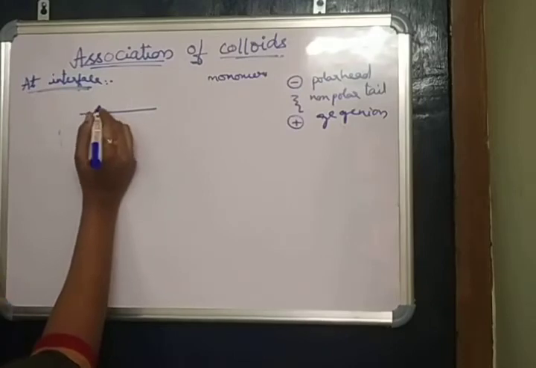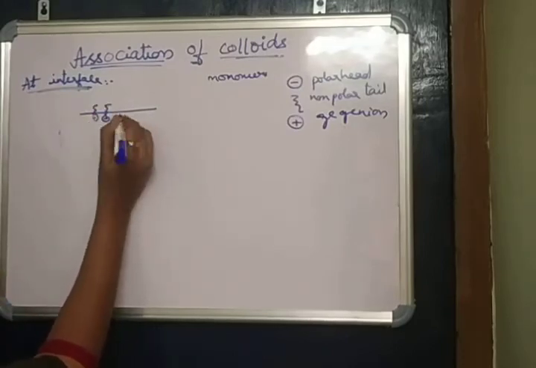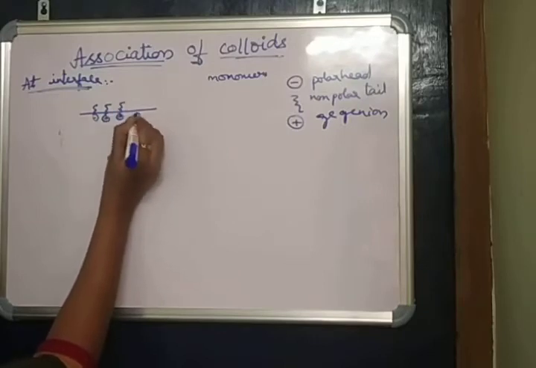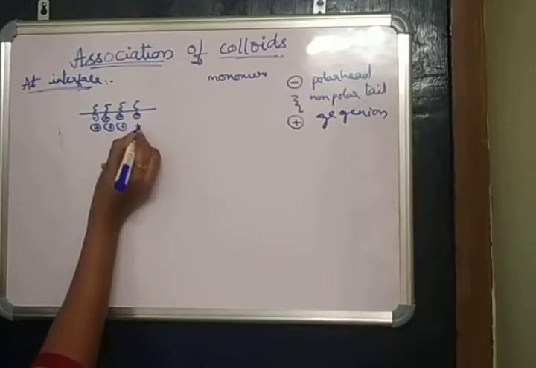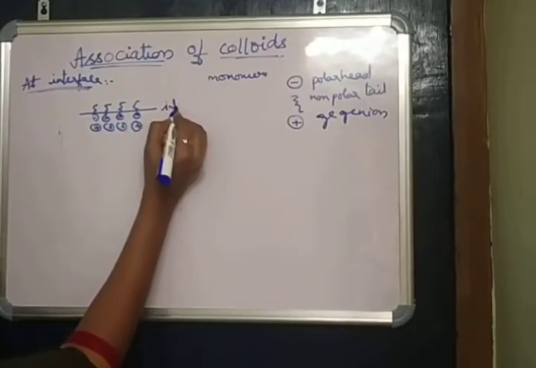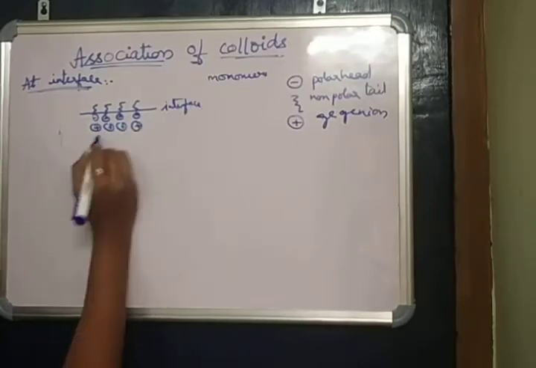Okay, this is the interface, polar head, non-polar tail. Positive ions are called gegen ions. This is the air-water interface.